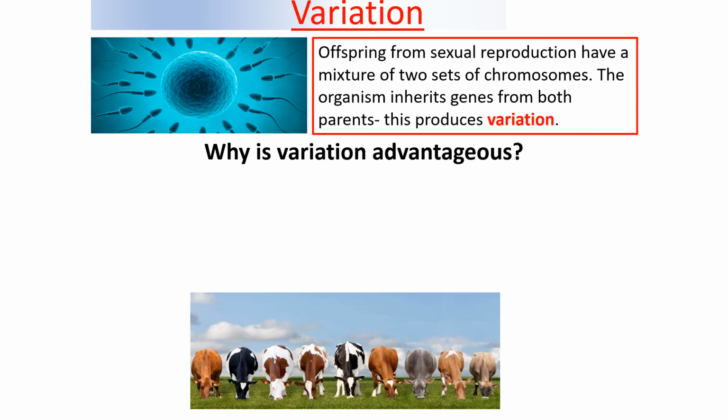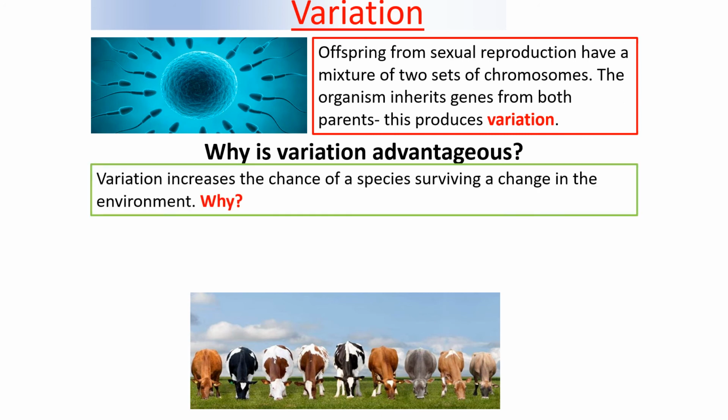If we discuss the differences between asexual and sexual reproduction, we can see why variation is important. In asexual reproduction, the offspring are produced as a result of mitosis from the parent cell. They contain exactly the same chromosomes and the same genes as their parents. There is no variation in the genetic material.